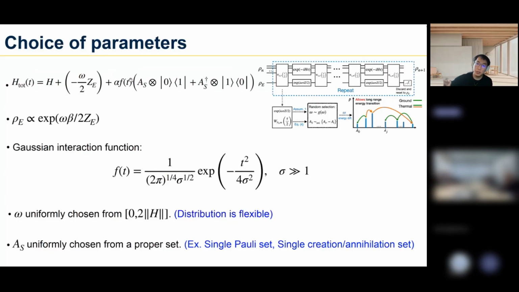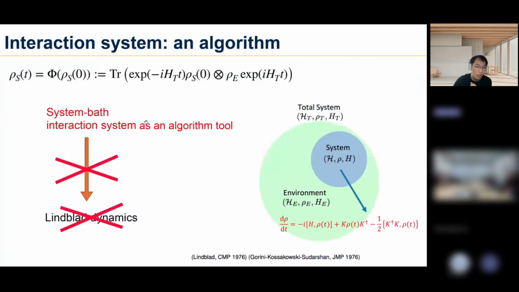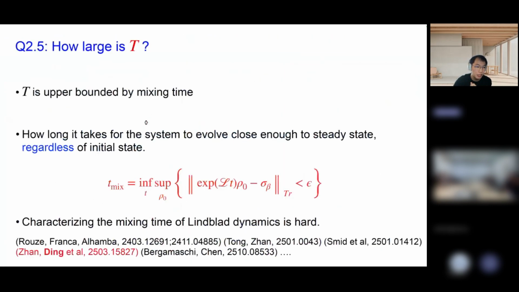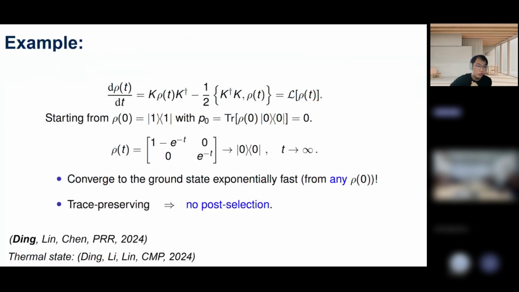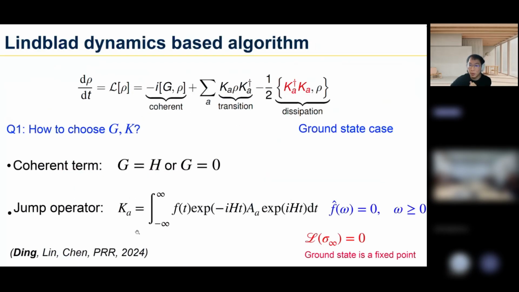If you write it into the Lindblad form, there is a transformation between A_S and the jump operator. So here I prefer to call A_S the coupling operator instead of the jump operator. If I go to the previous pages, this K_A is the jump operator, and A_A is the coupling operator.